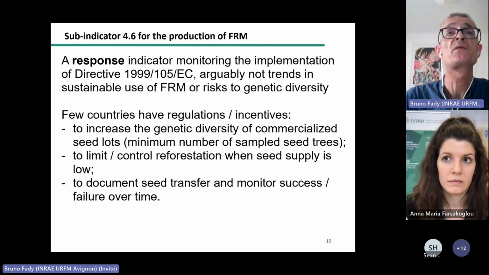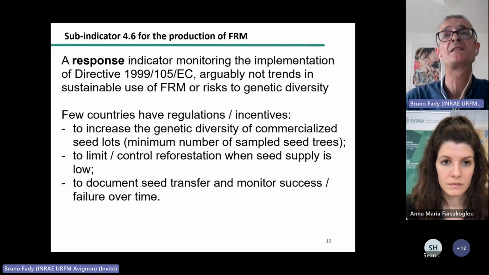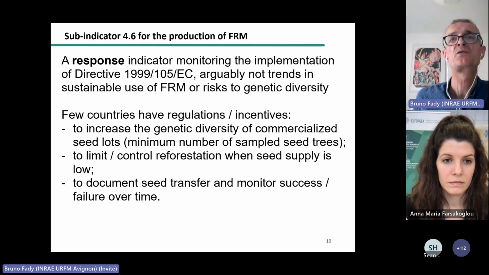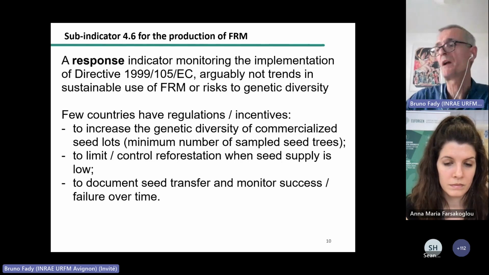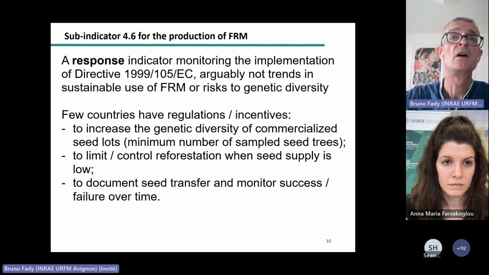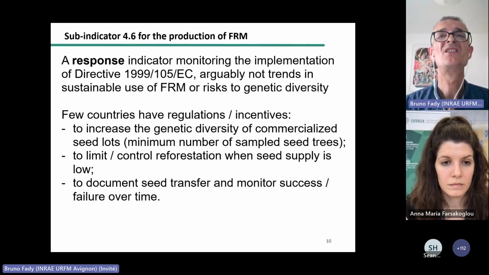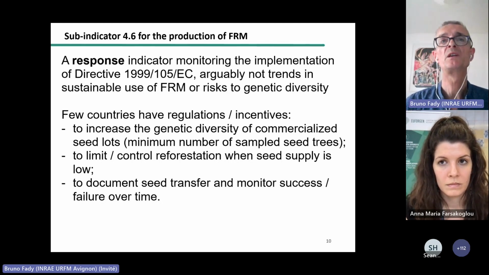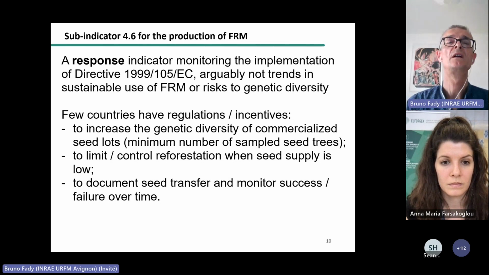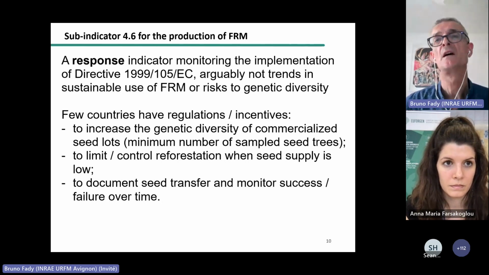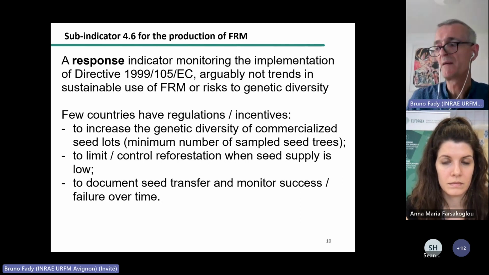There's no indication, for example, on how they increase genetic diversity when they harvest seed lots, or there's nothing really related to limit and control of reforestation when the seed supply is low, for example, which would mean a low effective population size in the seed lot. And then there's really nothing in terms of documentation of seed transfer monitoring. The success also is very low.